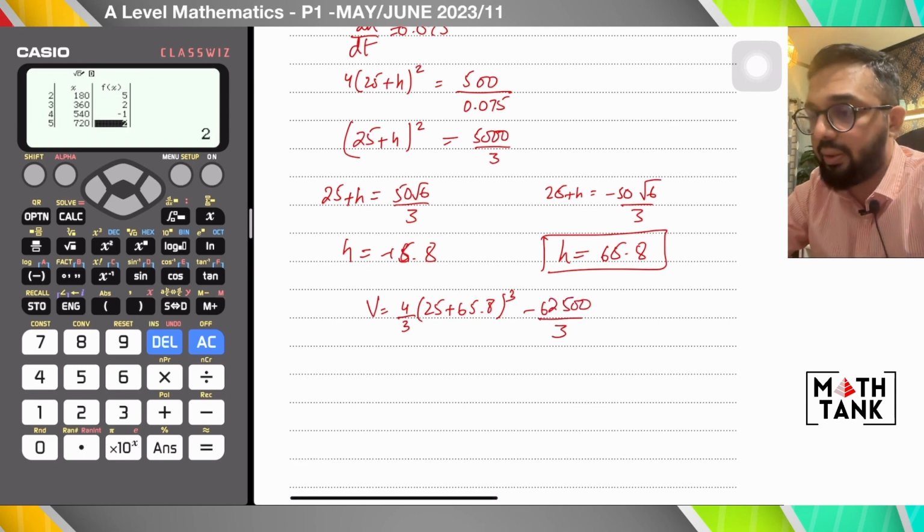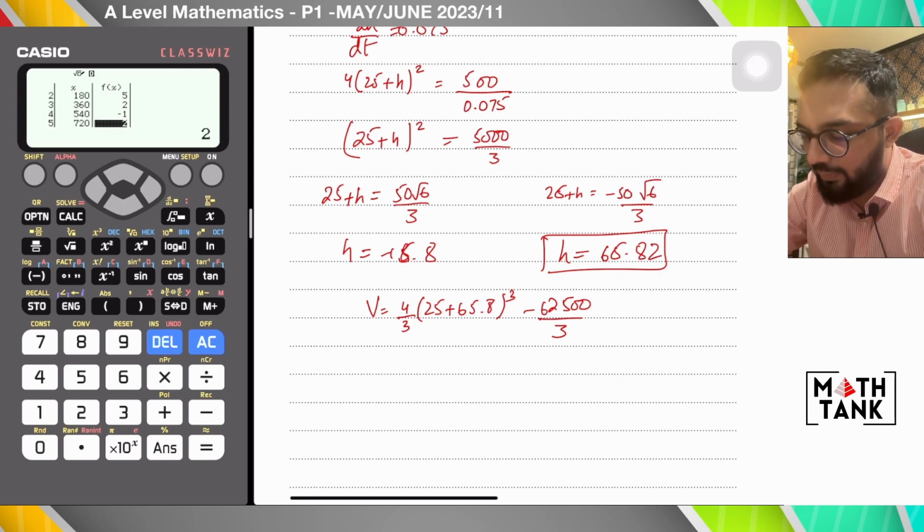Let's put that on a calculator as it is. Let's not meddle with the numbers. Let's put an extra decimal here so that we don't get our calculations wrong. It's basically 825. Okay, let's put that as 825. Okay, 25 plus 6.65.825 cubed into 4 divided by 3 minus 62500 divided by 3.